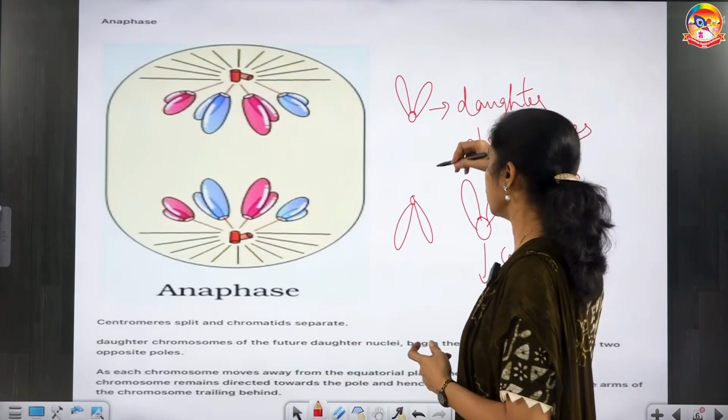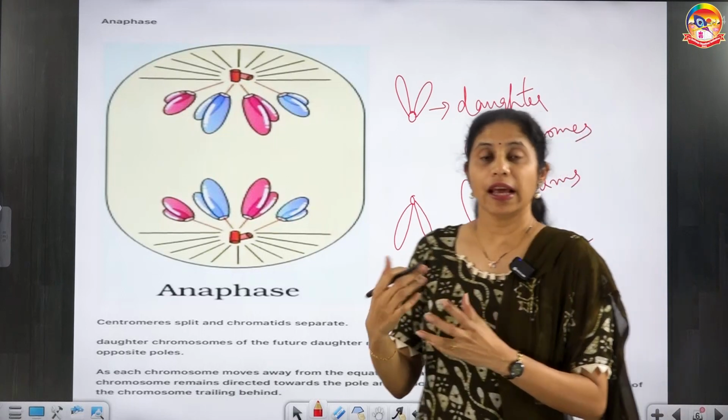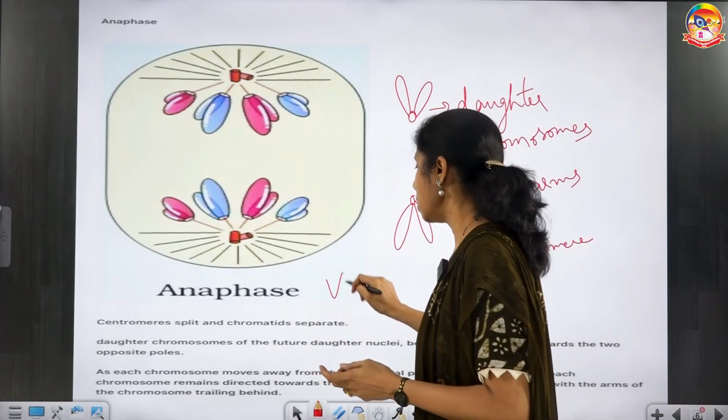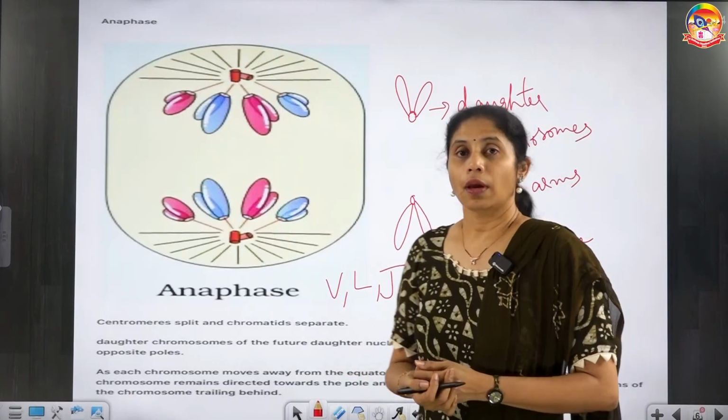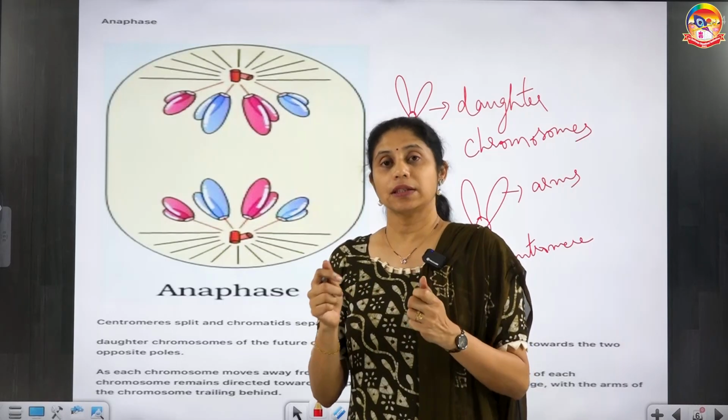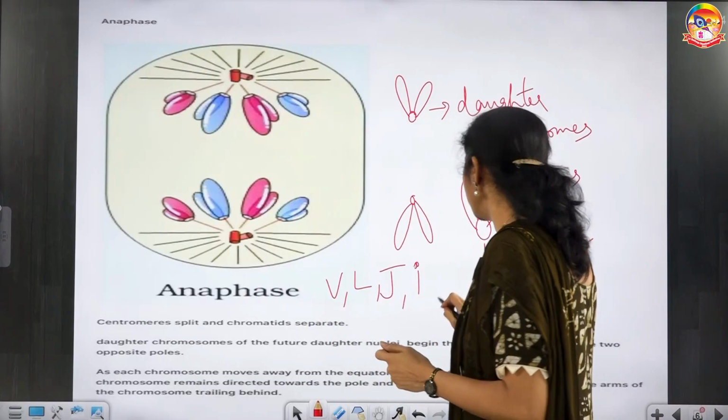So when they are moving in opposite directions, they will be taking the shapes of V, L, J and I. So anaphase is the best phase to study the shapes of the chromosomes.